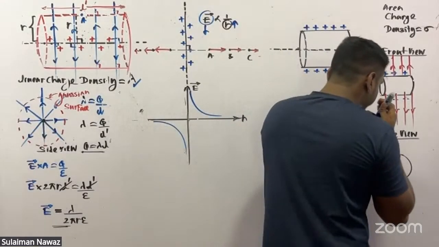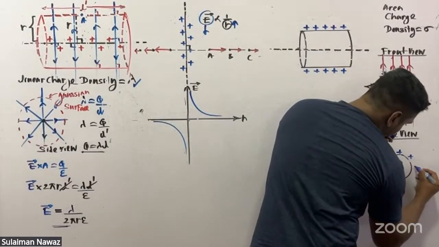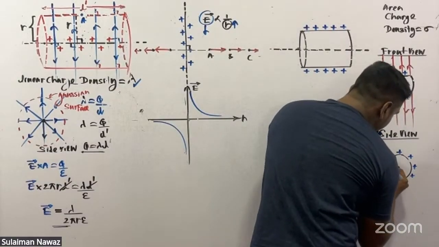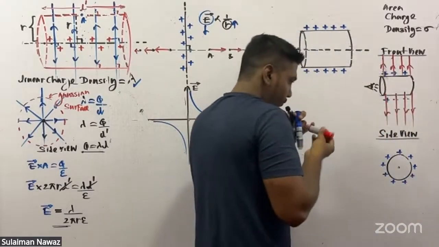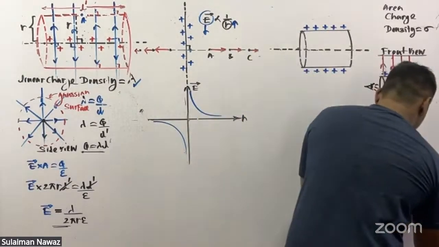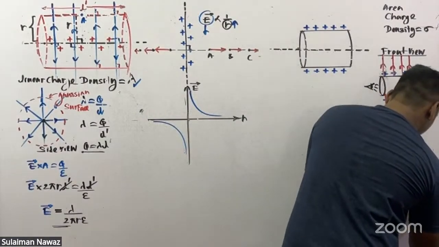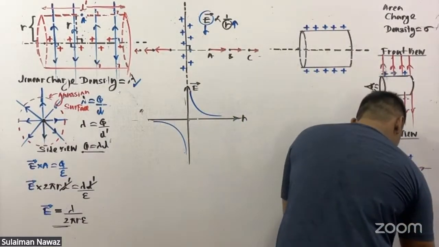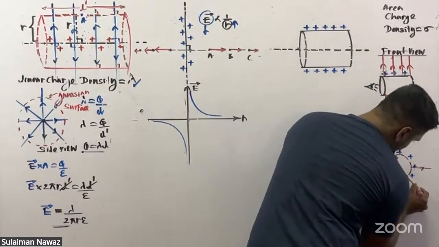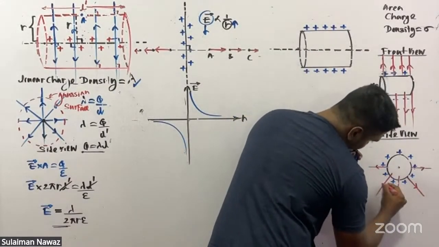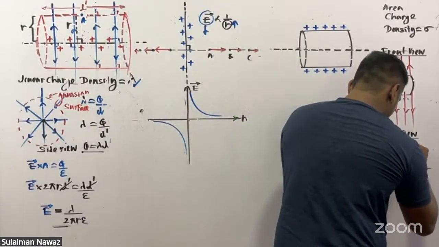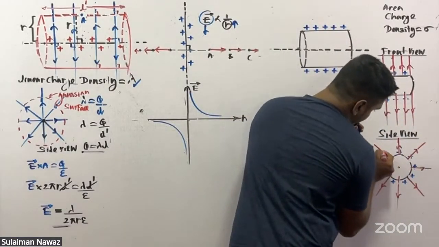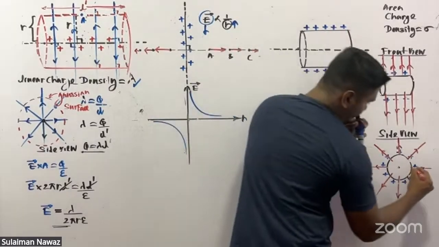This is your area charge distribution. You want to think in a 3D manner, then only will you understand. Leaving perpendicularly. You should mention this perpendicular mark.